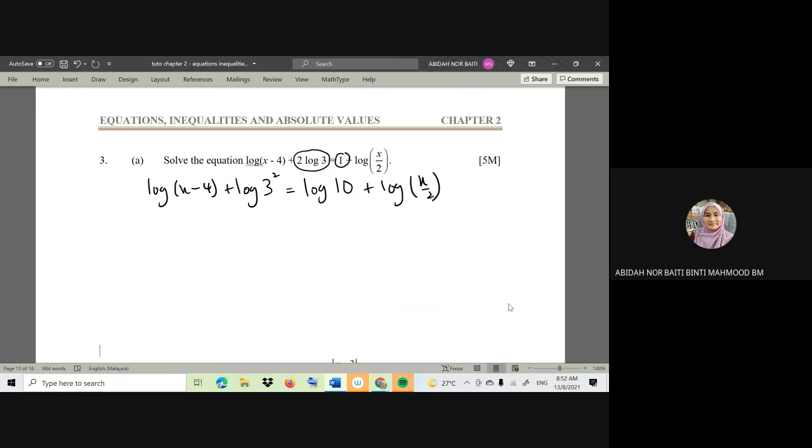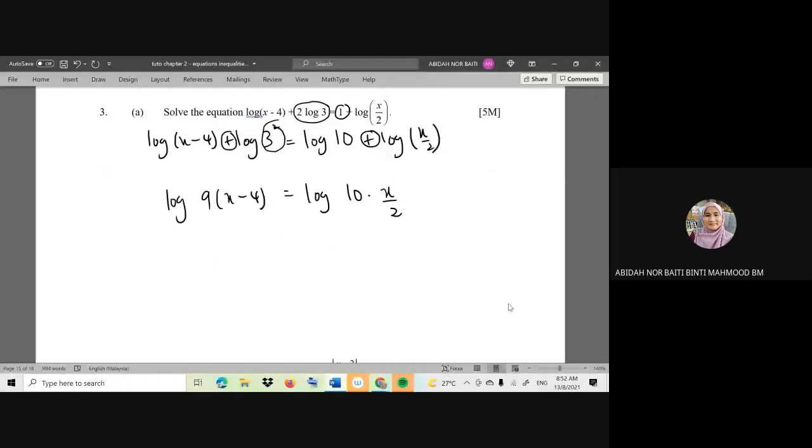Okay, lepas tu then we can apply law of log number 1 ya, plus ni. So 3 squared. 3 squared carilah ya. So we apply law number 1. 3 squared is 9 ya. X minus 4. So belah kanan tu pun samalah. Plus become times x over 2.